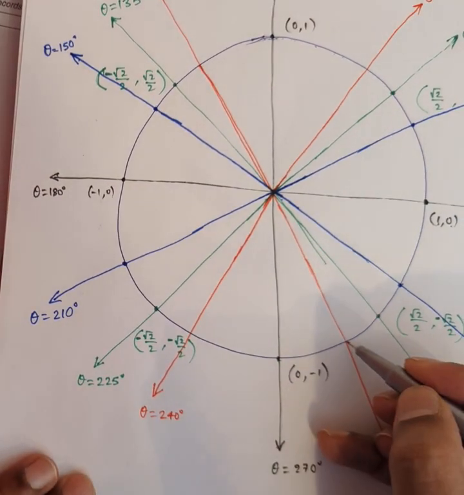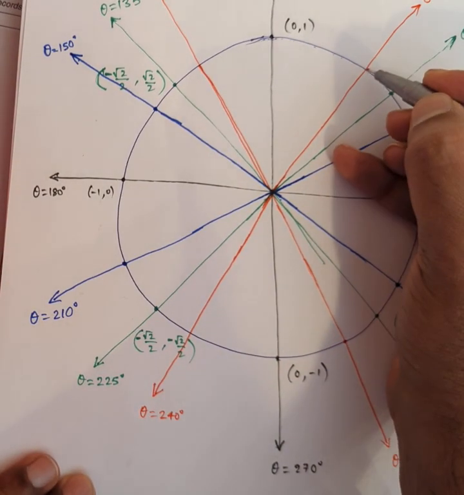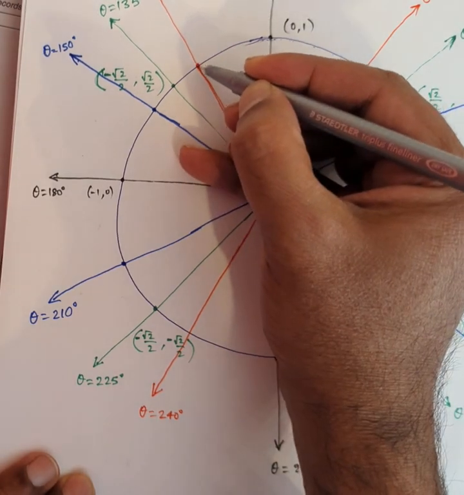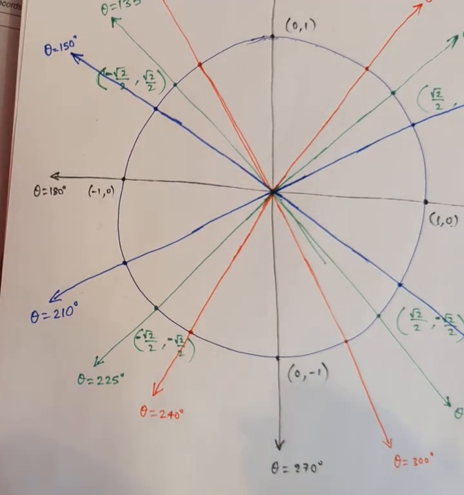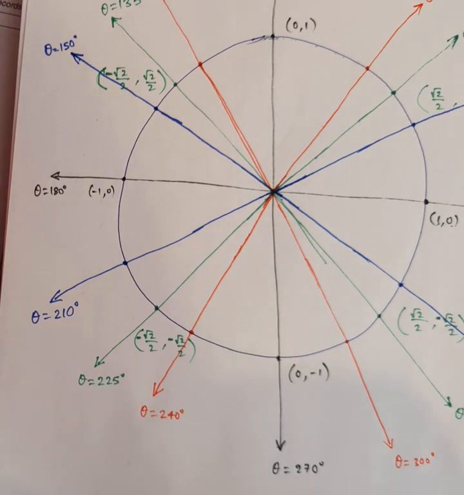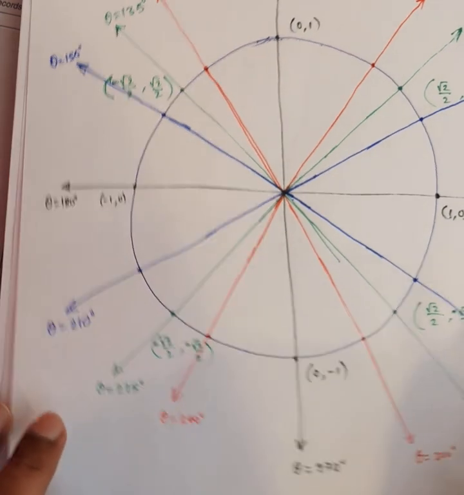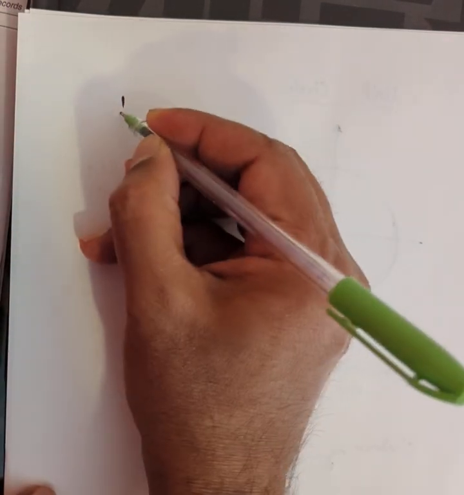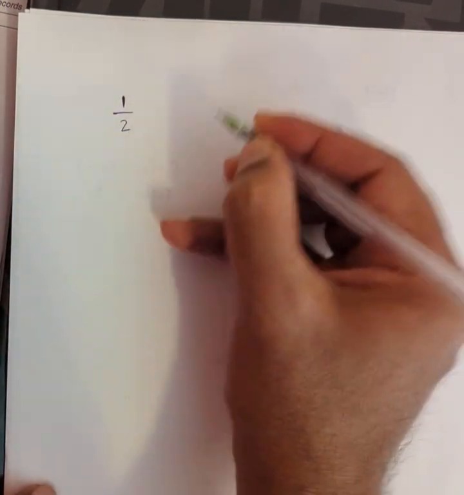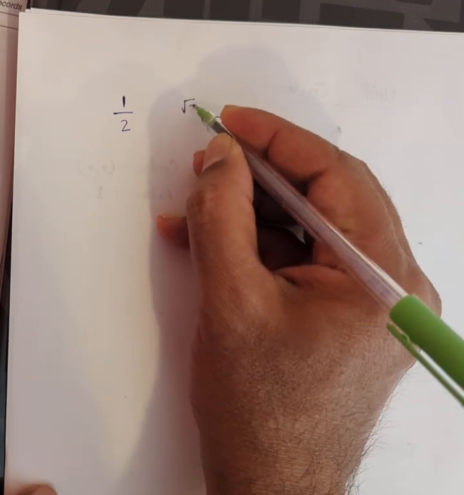Okay, so now I wanted to do these 8 points at the same time because we will first learn about 2 more fractions. And what I want to say is 1/2 and root 3 over 2.